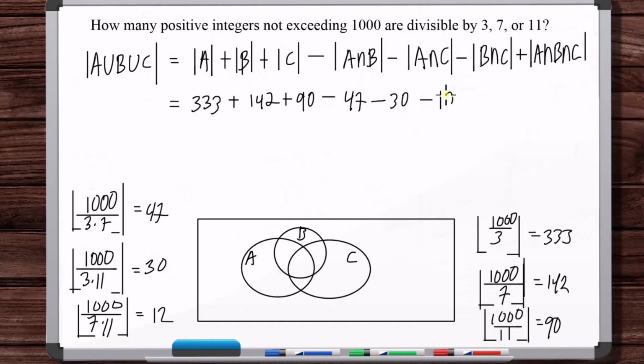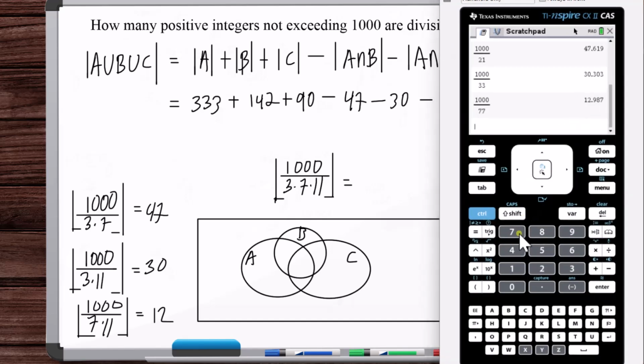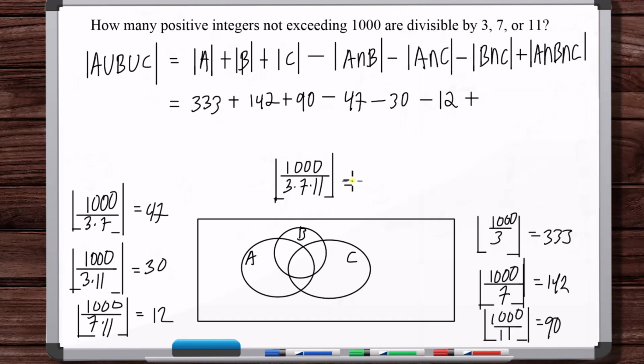Now A intersection B intersection C is going to be the floor function of 1,000 divided by 3 times 7 times 11, which is 4. Okay.